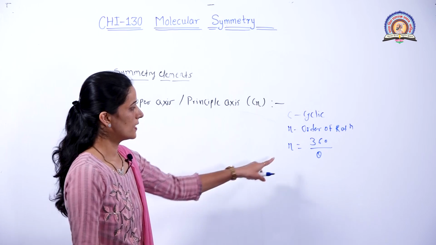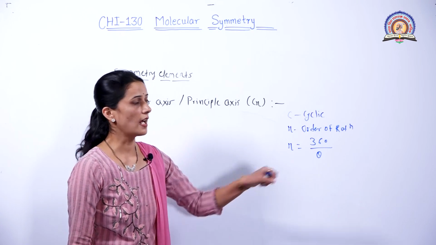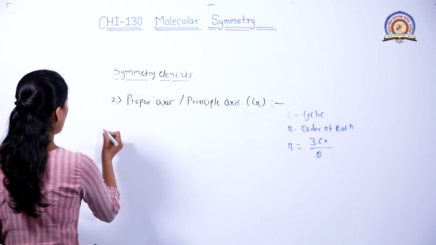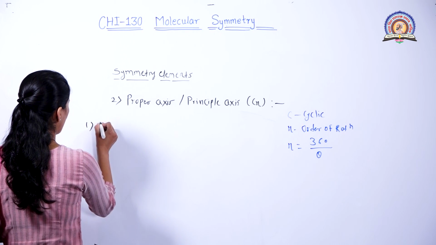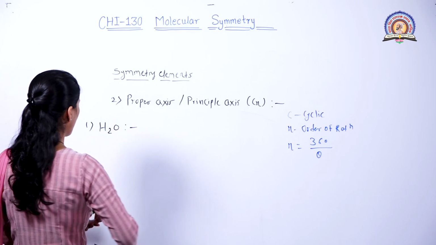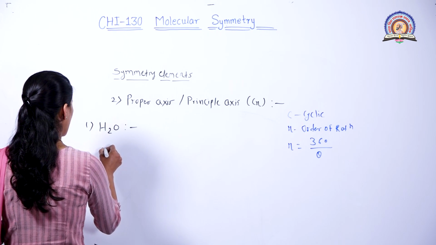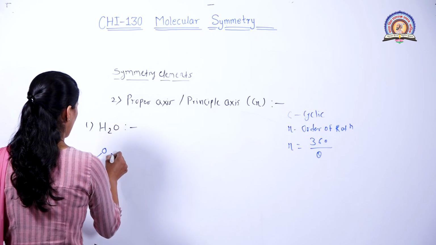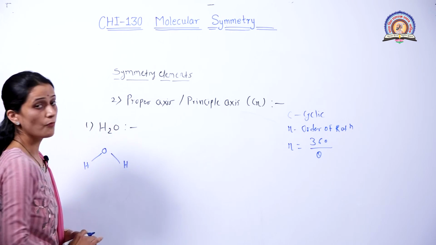Okay, n is equal to 360 divided by theta. Let's see with an example. The first example is the water molecule. We know the shape of the water molecule is angular. So this is your water molecule.